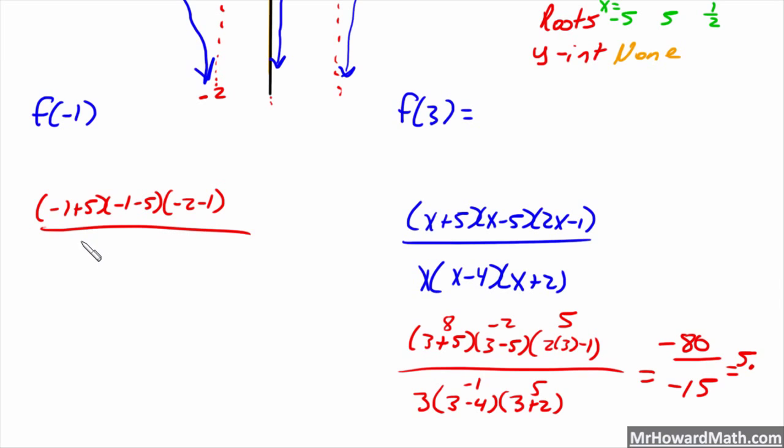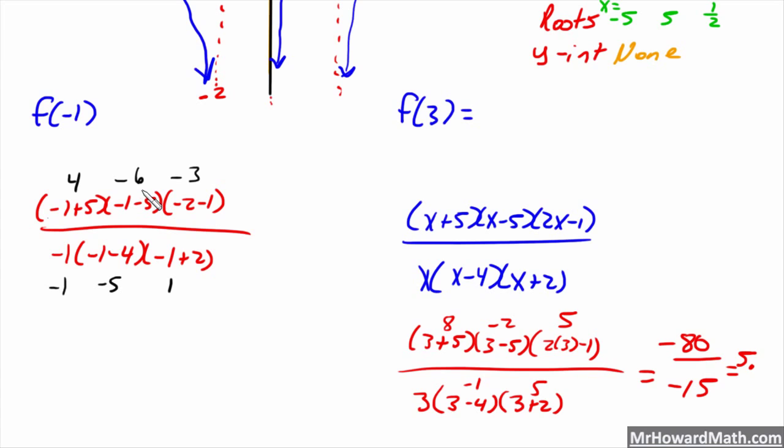And bottom would be -1 times (-1 minus 4) times the quantity (-1 plus 2). So this one, -1 plus 5 would be 4, -1 minus 5, -6, -2 minus 1, -3. All over -1 and then -5, and -1 plus 2 is 1.